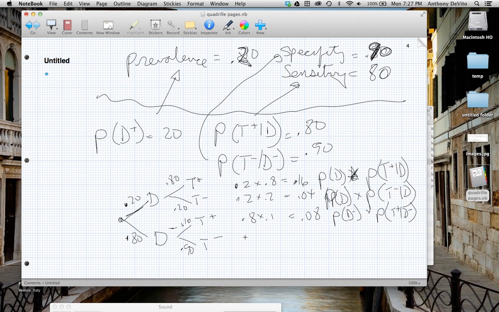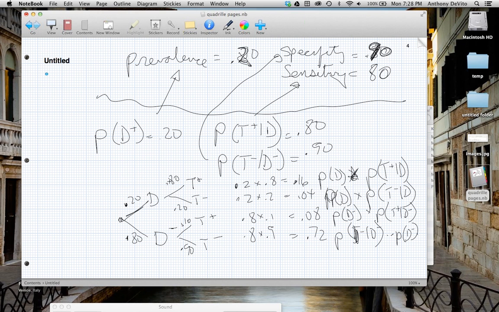And finally, 0.8 times 0.9 is equal to 0.72, assuming my math tables still work. Probability of not having the disease times the probability of testing negative given that you don't have the disease, right?